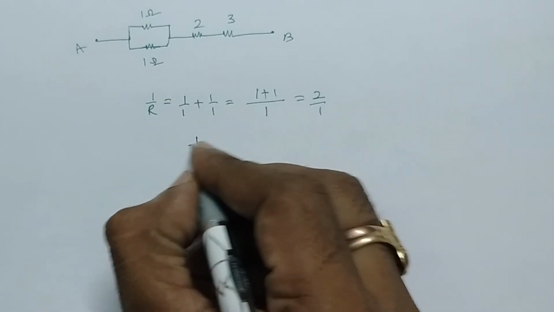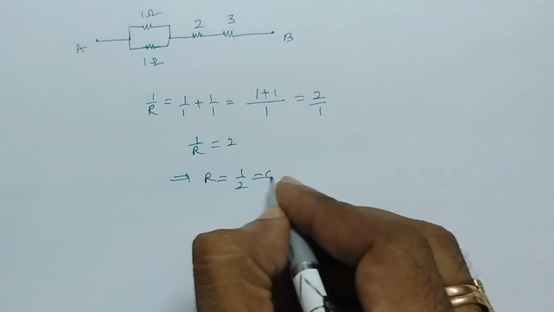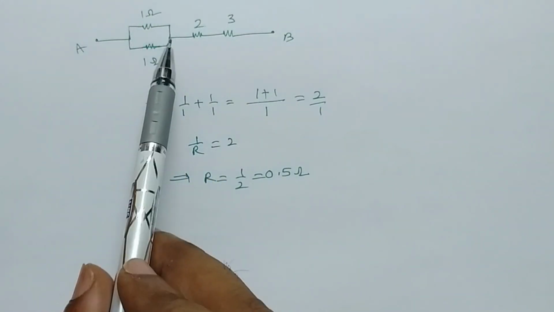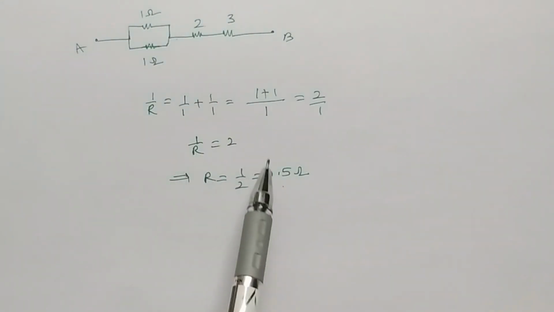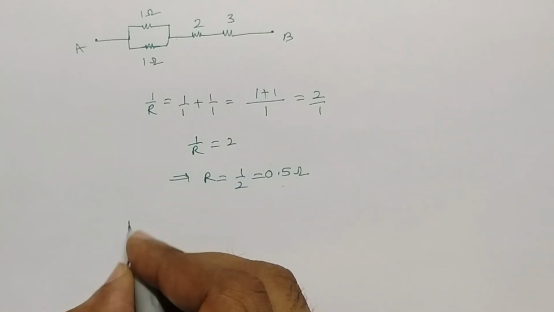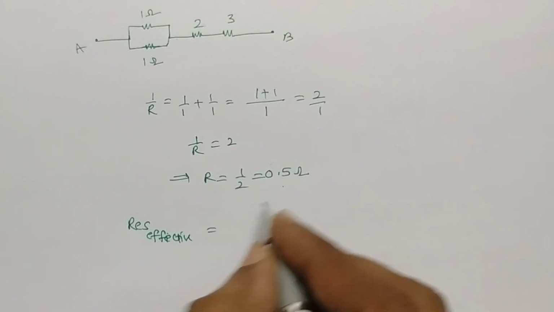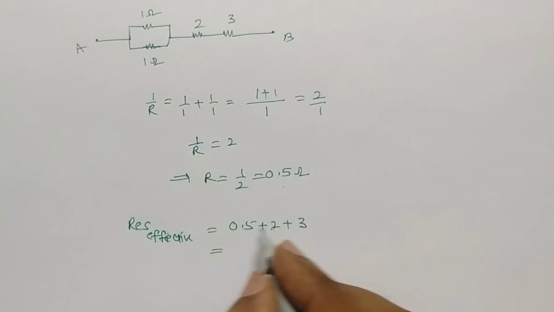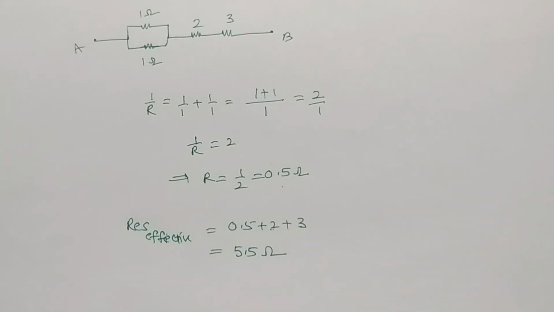So R is equal to 1 by 2, that means 0.5 ohms. We calculated this total resistance as 0.5. Now this 0.5, 2 and 3 are in series. So the effective resistance is equal to 0.5 plus 2 plus 3, that means 3 plus 2 is 5, 5 plus 0.5 is 5.5 ohms. So this is the required answer.